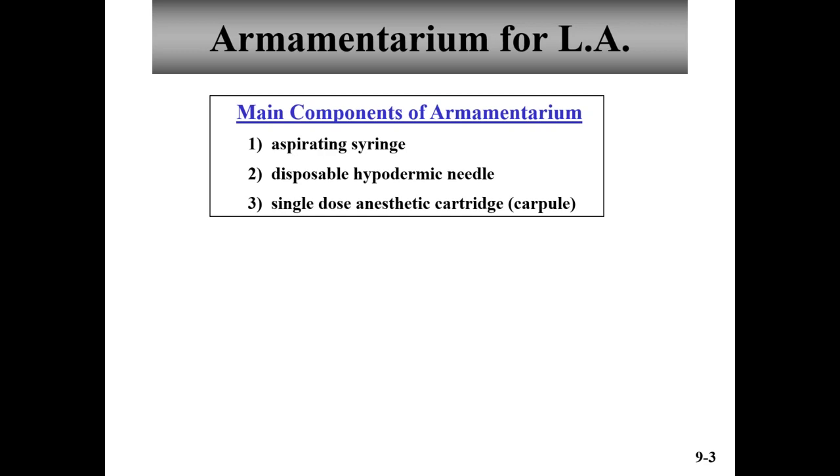And a single dose cartridge or carpule of local anesthetic, which may or may not have epinephrine in it. When we deliver local anesthesia and do these injections on each other, we will be using plain anesthetic, so there won't be epinephrine in them.